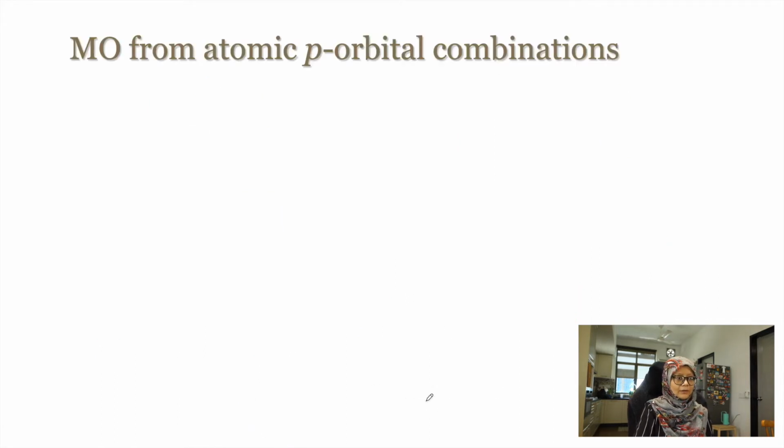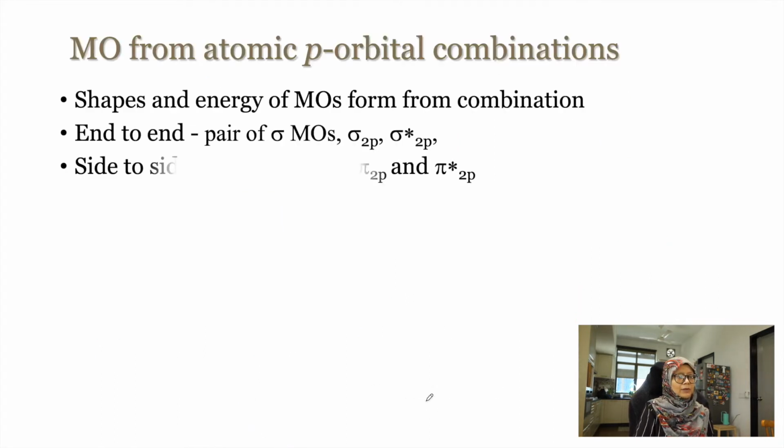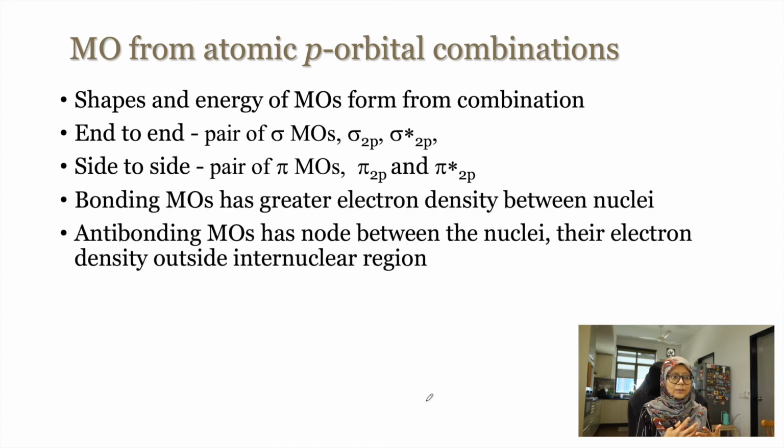What about the molecular orbital from the atomic p orbital combination? Let's say we have anything related to the p orbital, for example oxygen, carbon, nitrogen, fluorine, and so on. We need the shapes and energy of the molecular orbitals formed from the combination, and we have two kinds of overlapping here.